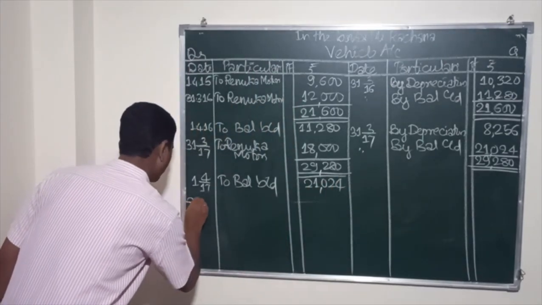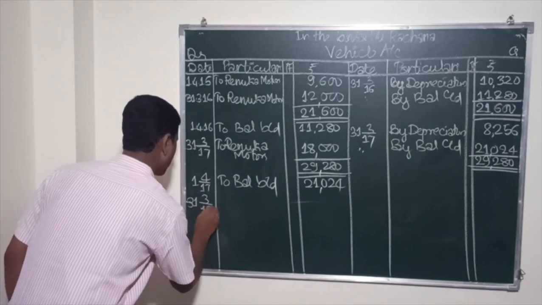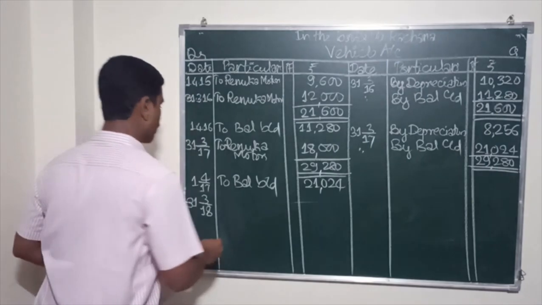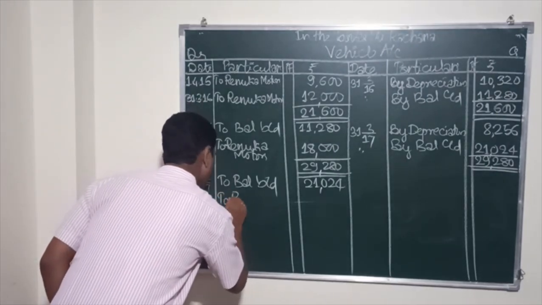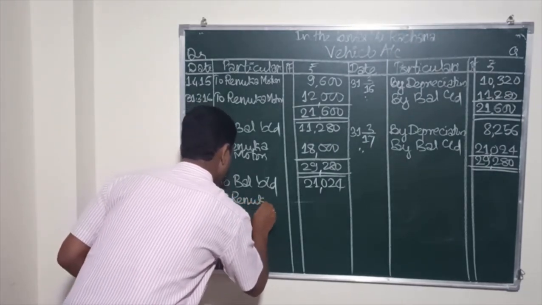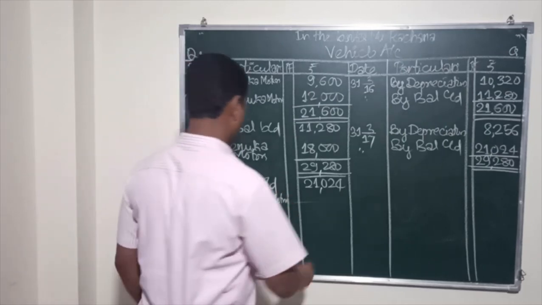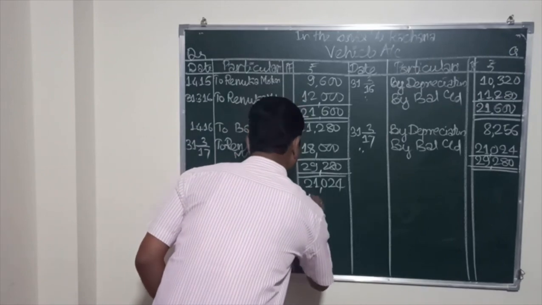Then on 31/3/18, again when the installment becomes due for payment, then the entry will be vehicle account debit to Renuka Motors. To Renuka Motors, it is 12,000 here.